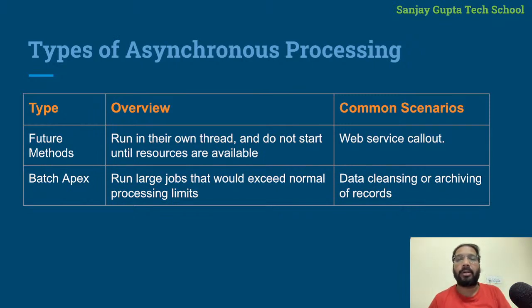If your data is already available in the org, and you want to query that data and apply some process on that existing data, maybe for data cleansing or archiving purposes, where you need to remove some records that are no longer required, or you want to populate some value for a large number of records, you can do those with the help of batch Apex, right?